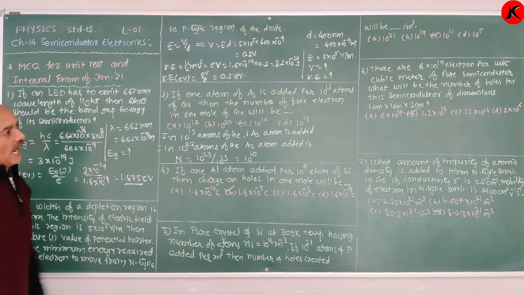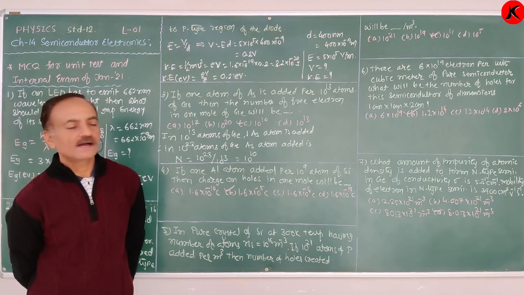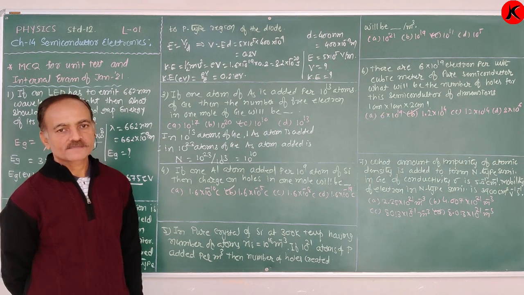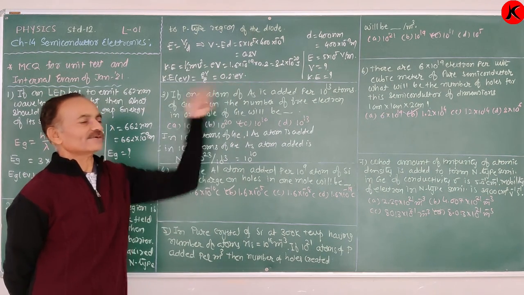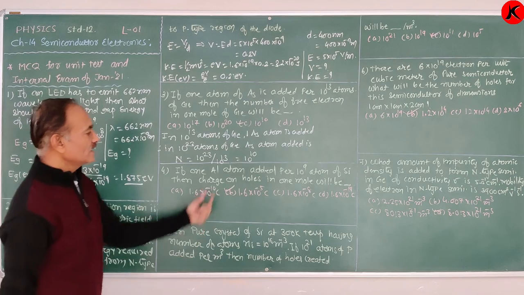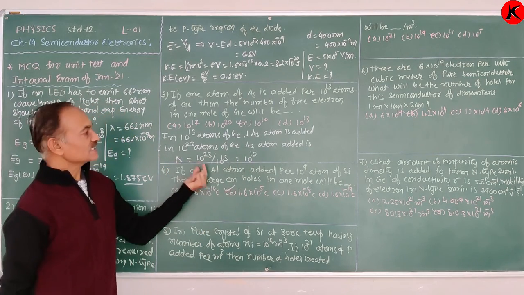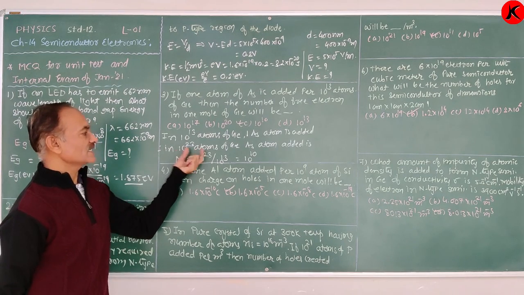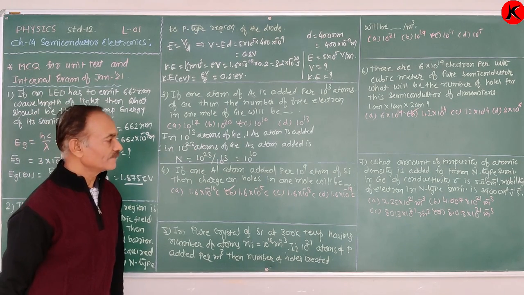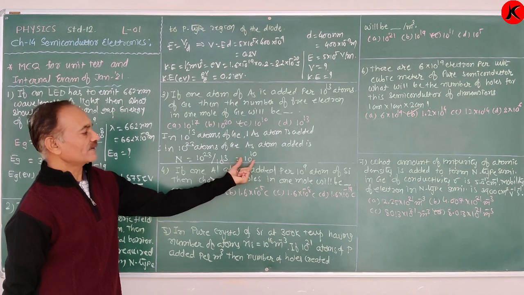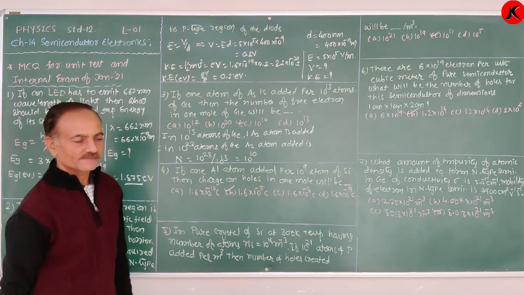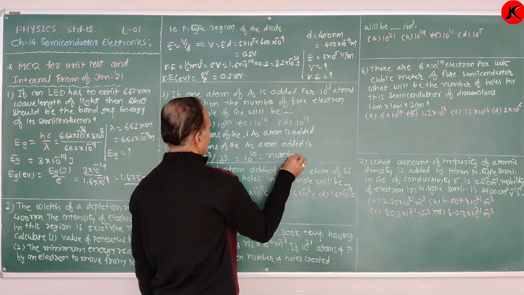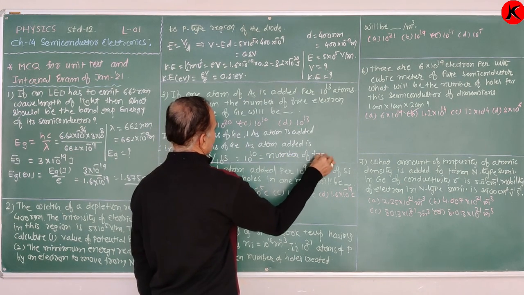Now, arsenic is which type of impurity atom? It is pentavalent. Therefore, per one arsenic atom, one free electron is obtained. Therefore, 10 to the power 10 arsenic atoms are required in 1 mole of germanium. Therefore, the number of free electrons in germanium is 10 to the power 10.